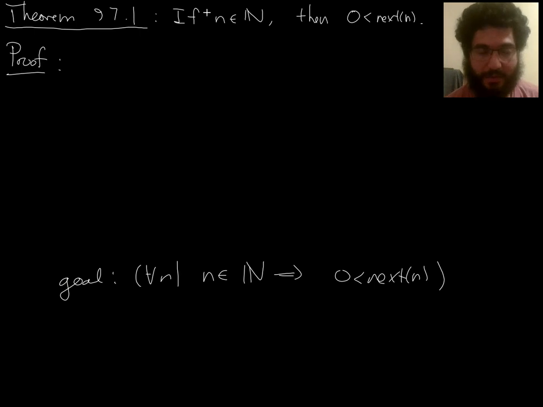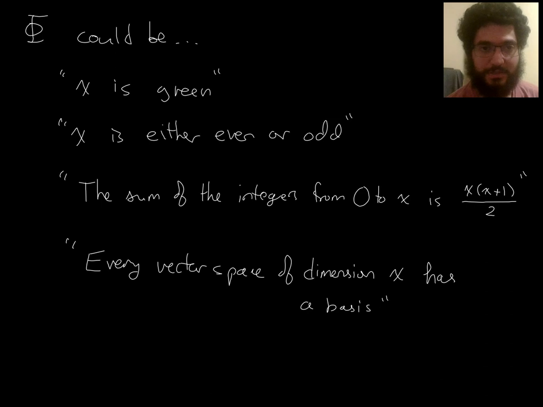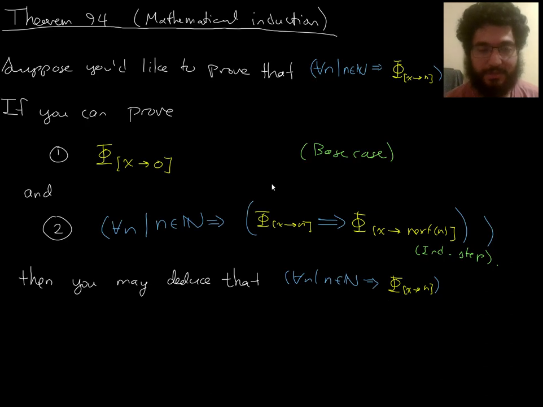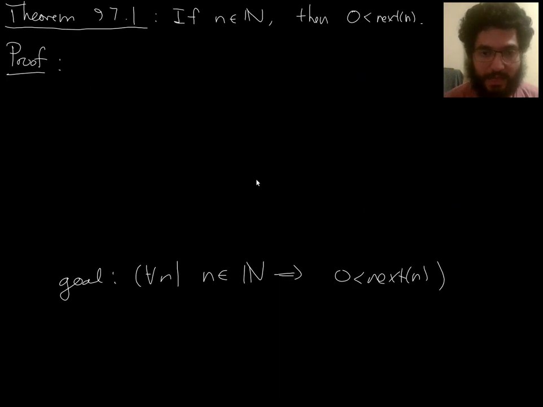Instead, the correct approach is to use mathematical induction. So this gives you a mechanism for proving that for all n, if n is a natural number, then, and then insert whatever you want here about n. In this case, what we want is 0 less than next n.